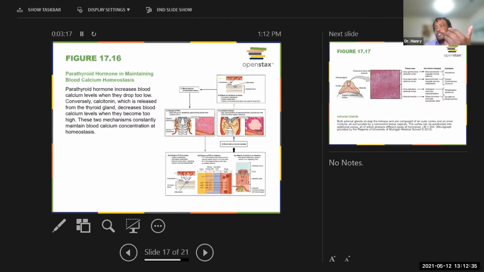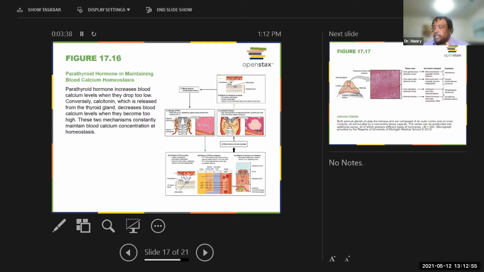So if we get high levels of blood calcium, then that causes calcitonin to be released. Calcitonin basically stimulates the parafollicular cells in the thyroid.